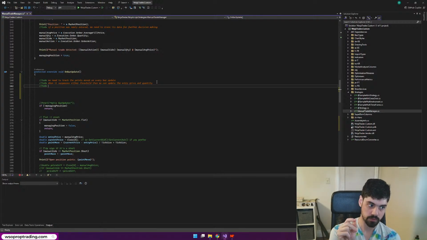Both of those should have similar results where they're adjusting. The positive threshold, I think, closes. The negative threshold adjusts the order and then resets.